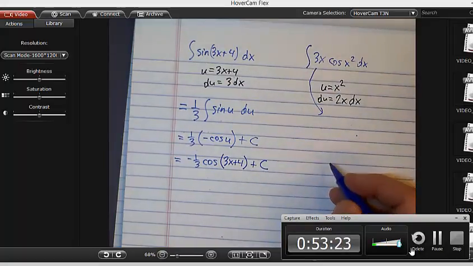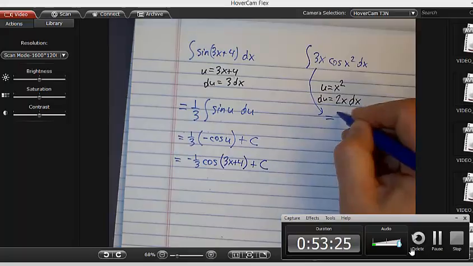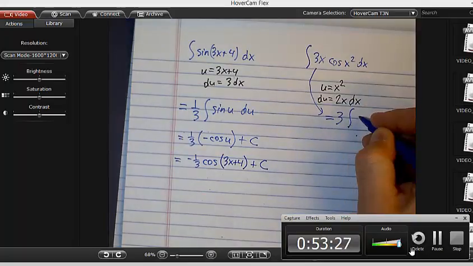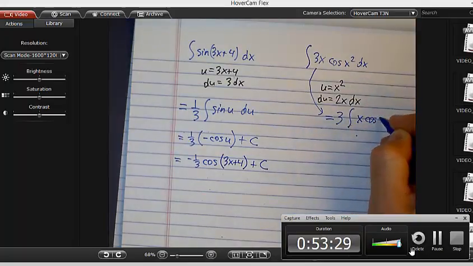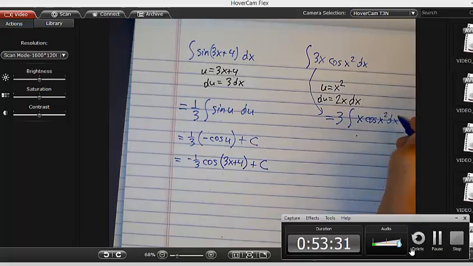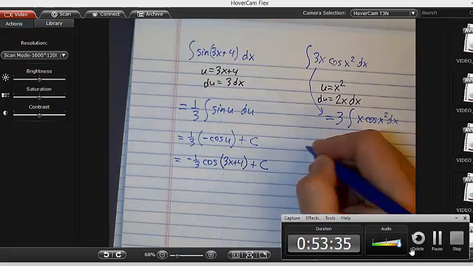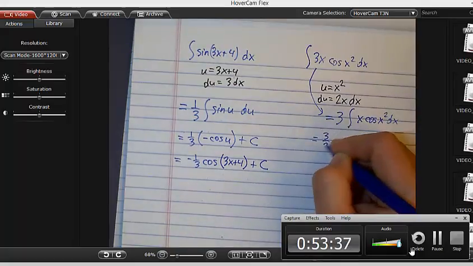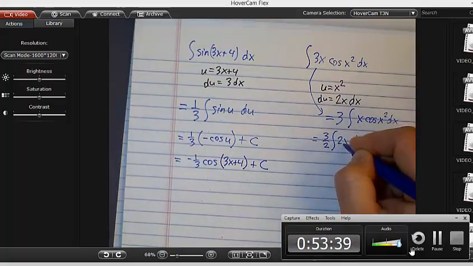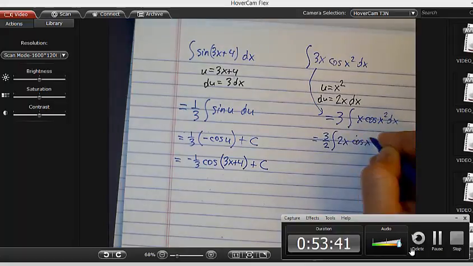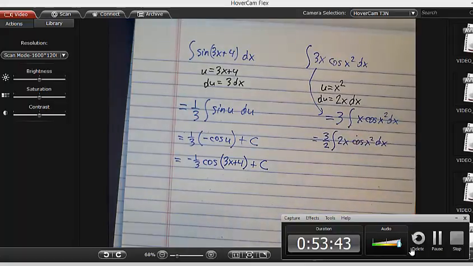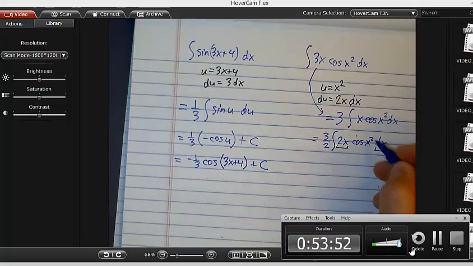Let me show you how I would work this out. I would say that this equals 3 times the integral of x cosine of x squared dx. But I really want to get a 2 in there. So then it equals 3/2 integral of 2x cosine of x squared dx. That way I get the du in there. Okay?